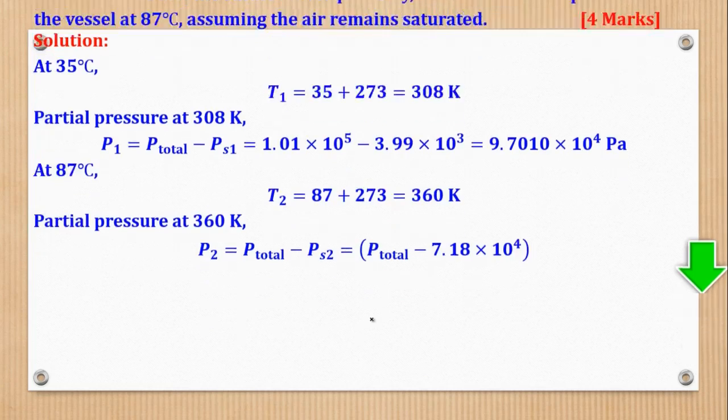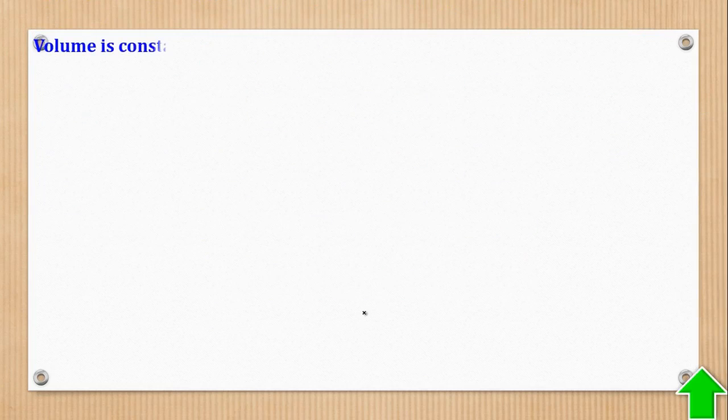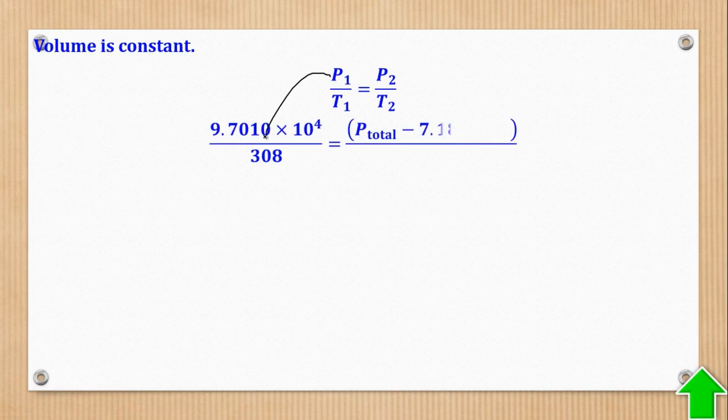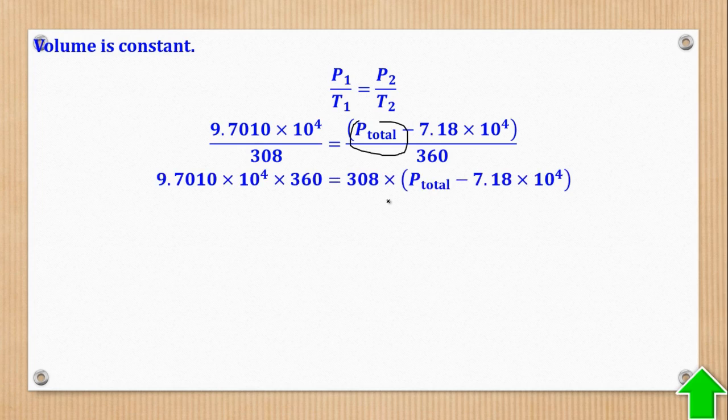So now we can use the ideal gas equation. Volume is constant. Therefore, we shall come up with P1 over T1 equal to P2 over T2. Then next is to substitute P1, T1, P2, T2. And in this case, it is only this which is the only unknown.